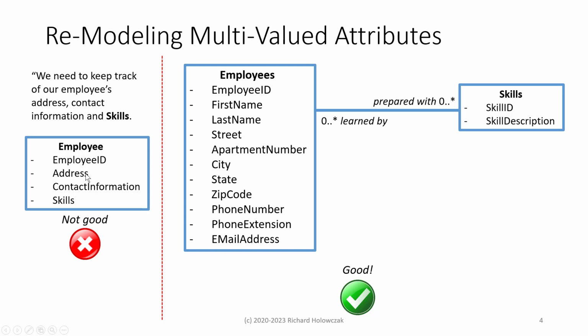First, address actually contains several pieces of information, including the street, apartment number, city, state, and zip code. Rather than try and cram all of that into one attribute called address, we'd prefer to have it spread out with street, apartment number, city, state, and zip code attributes. In a similar way, the contact information also can be extended, maybe phone number, phone extension, email address, perhaps some other attributes.